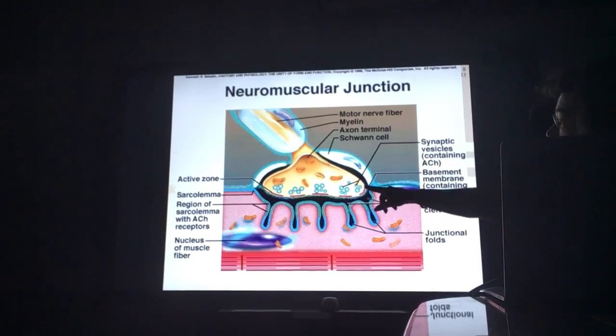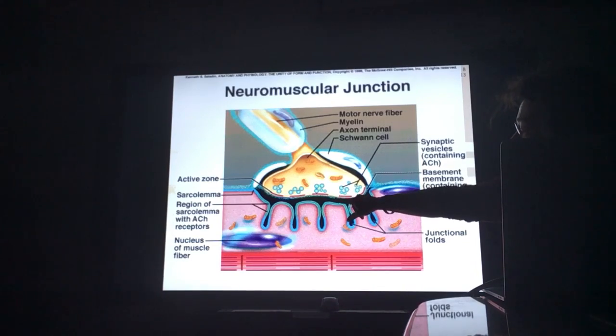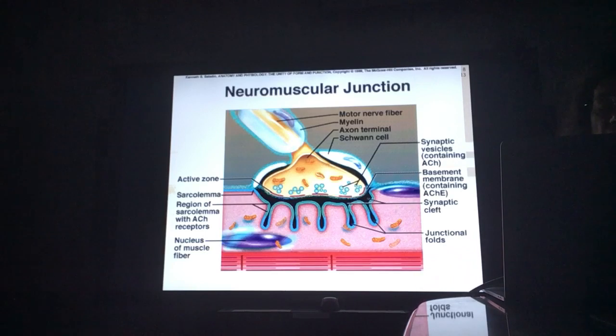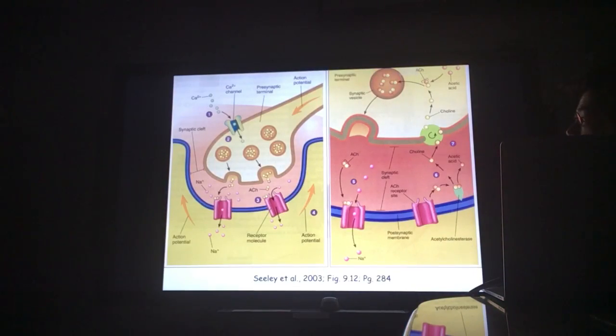So we see here that the synaptic vesicles can move down here, and there's an area where they have the ability to release acetylcholine, and it can drop through the axon ending membrane into the synaptic cleft. Let's look at that in a little bit more detail.